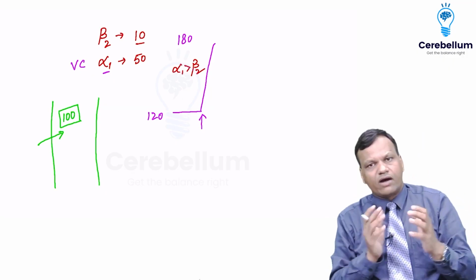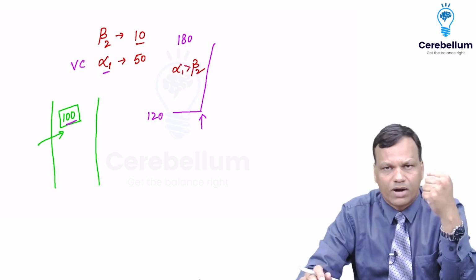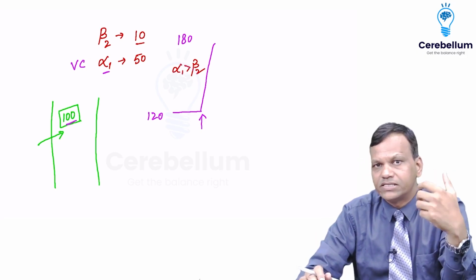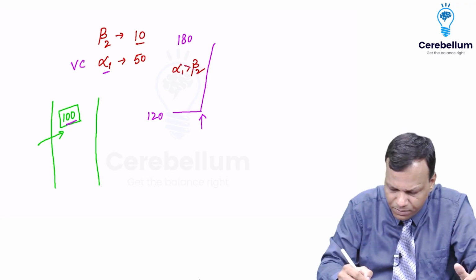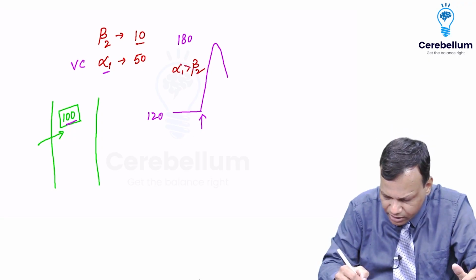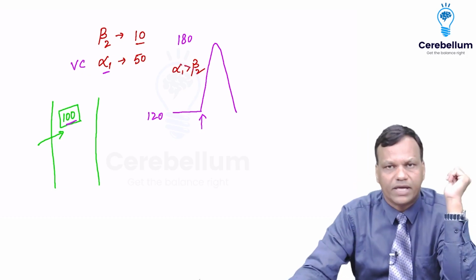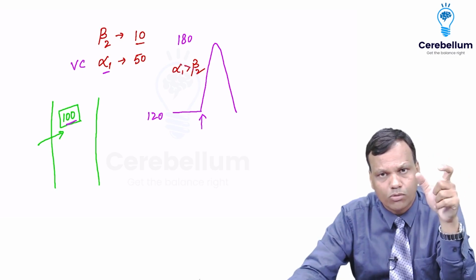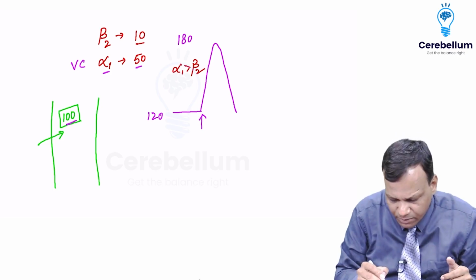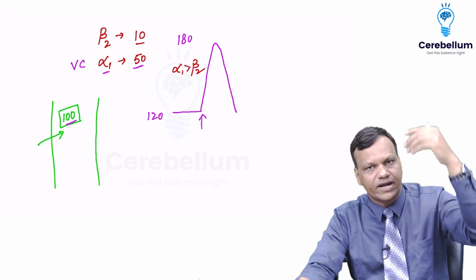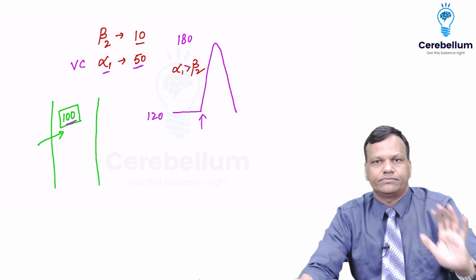But we know that after some time, the adrenaline in the blood will be metabolized. So from 100, it will become 90, 80, 70, 60. When it starts decreasing, the effect will also start decreasing. So the BP which has gone to 180 will start returning toward 120. Now the question is, will the BP stop here? The answer is no. Because as it gets metabolized, from 100 to 90, 80, 70, 60, 50, now it becomes 49.